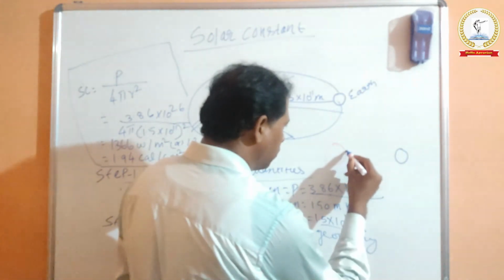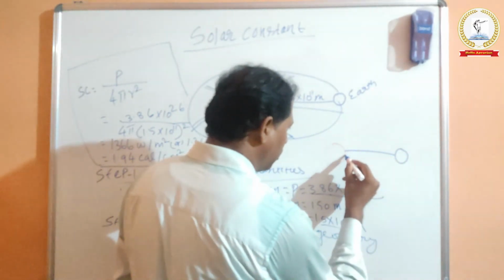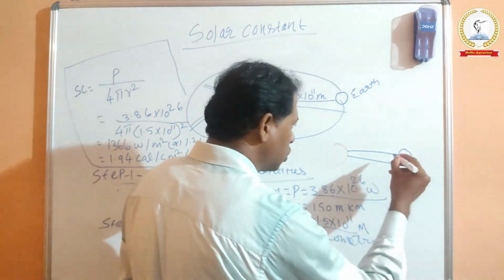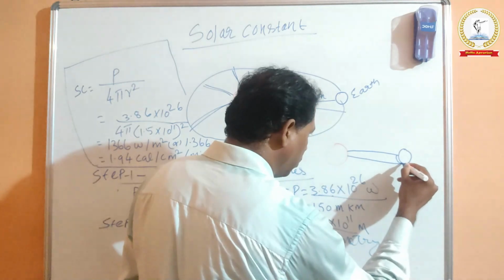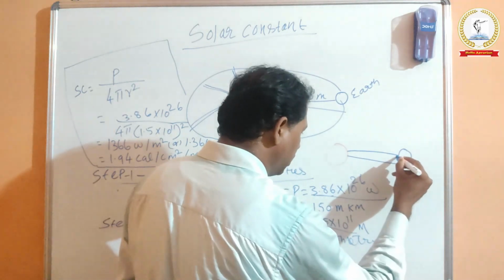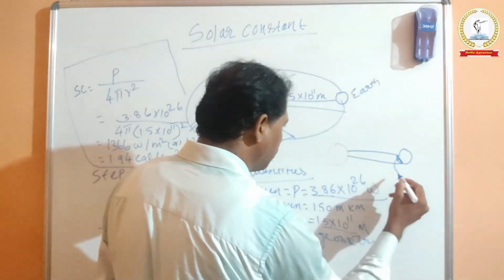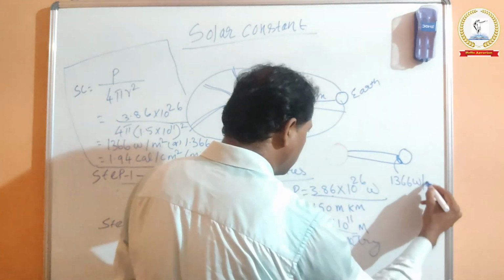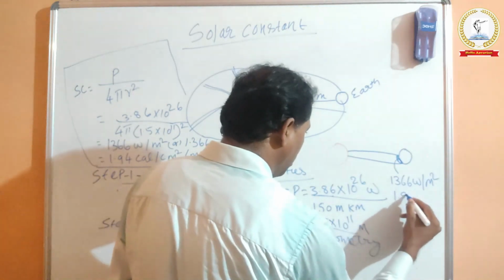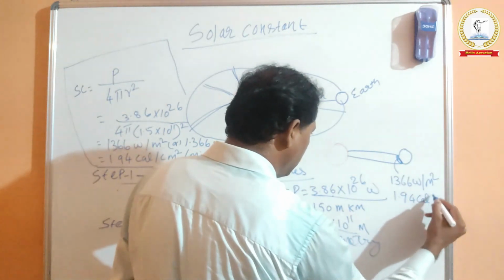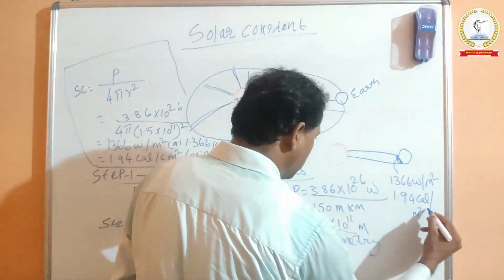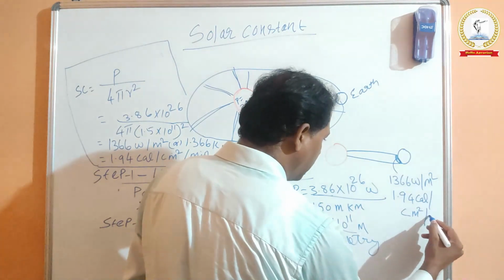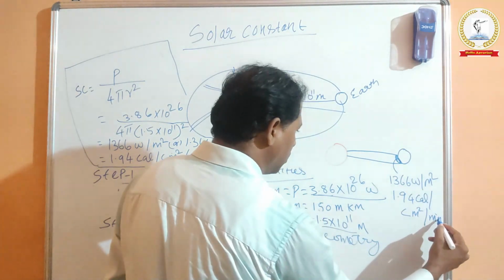The amount of solar radiation falling on the earth's surface, that means the top of the atmosphere, in a particular unit area, is equivalent to 1366 watts per square meter, or 1.94 calorie per square centimeter per minute.